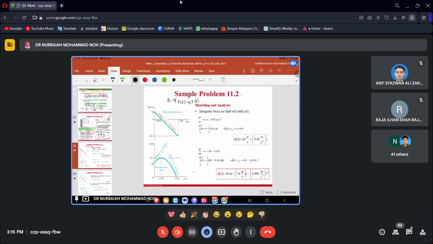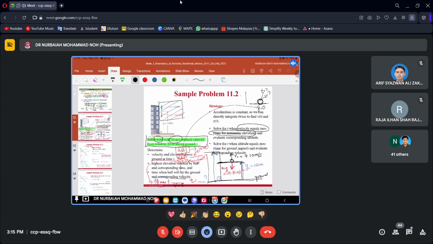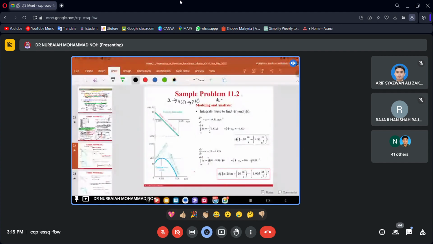The question is, what is the a value that we have here? Based on our illustrations, what is a equal to? We have constant a. In this case, it has no t, x or v terms. In our problem, we are not given a function a, but we are given a constant a, equal to negative 9.81 meter per second square.